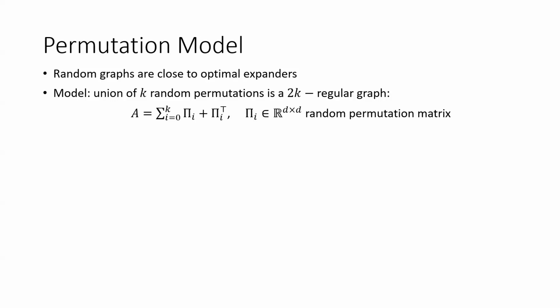Suppose I define a random graph as follows, where the adjacency matrix A is written as a sum of pi_i pi_i transpose, where each pi_i is a random permutation matrix. So this you can think of as a d-regular graph that you get from the union of a bunch of perfect matchings. And a classical result of Friedman is that this thing is in fact near Ramanujan. For any fixed degree k, if you take the number of vertices going to infinity, this thing is near Ramanujan.